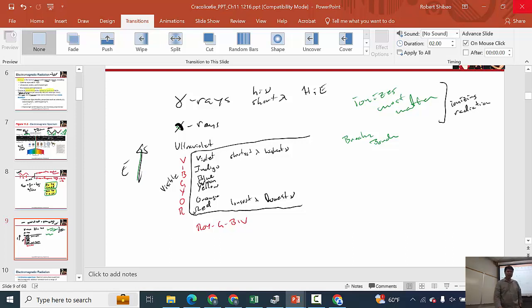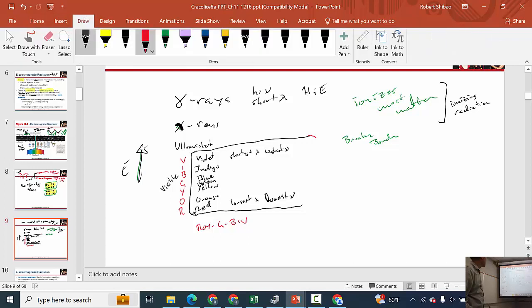Visible light typically doesn't break bonds. What visible light does is it excites electrons. So, you have electrons in matter, and electrons are going to get excited.